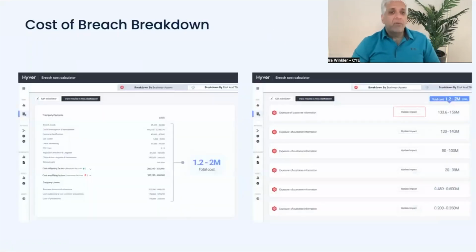And then we also have the cost of the breach. Once we have the probabilities, we can figure out the likelihood of the breach based upon the possible loss incurred due to different types of function.